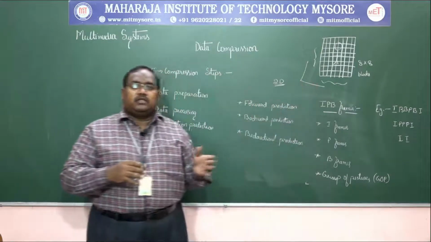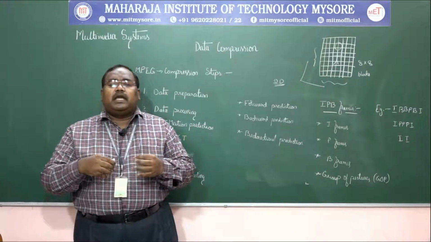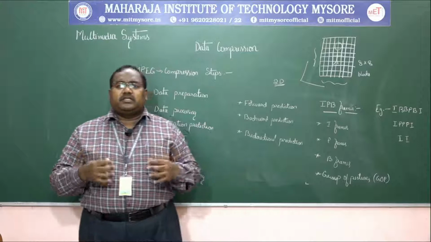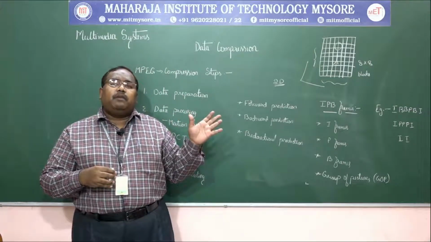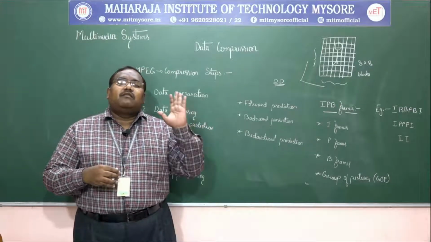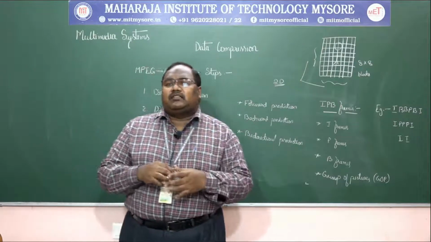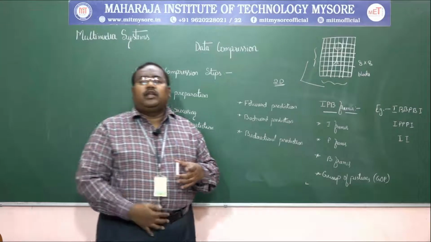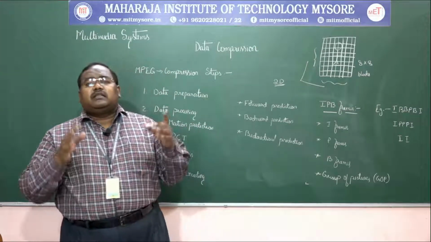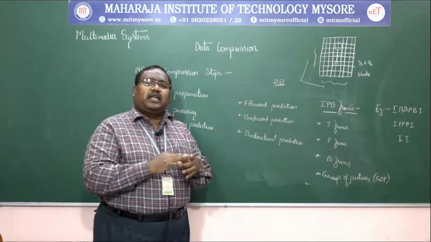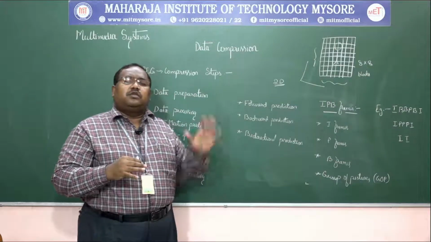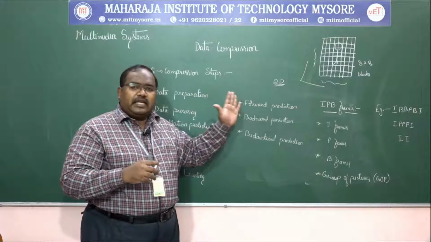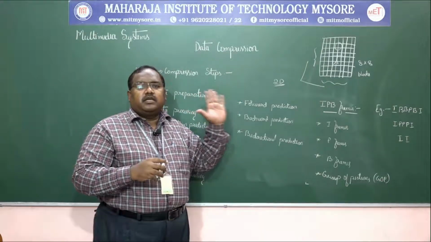So when it is 1-dimensional, it is easy to apply and get an effective result from the matrices. So how we do it? We apply it with zigzag or vertical scanning. I have shown you how the zigzag and the vertical scanning happen. So here the zigzag scanning and the vertical scanning are the 2 methods used, but usually like that of JPEG, the zigzag scanning is very much preferred.